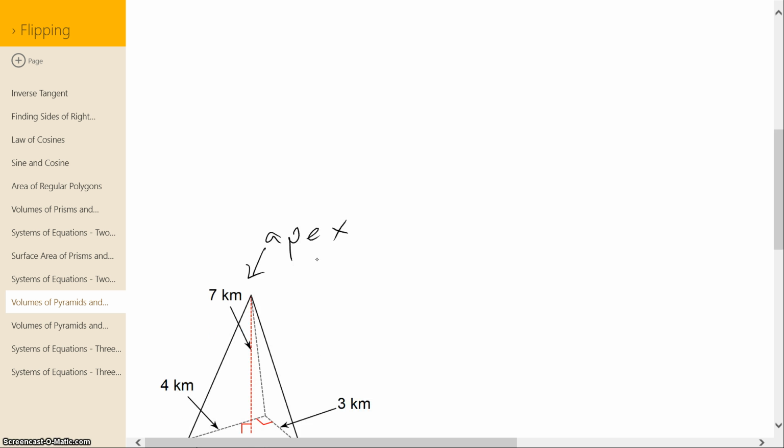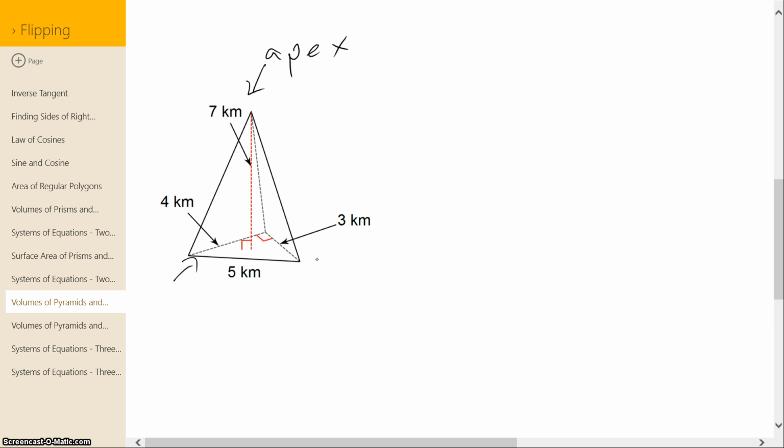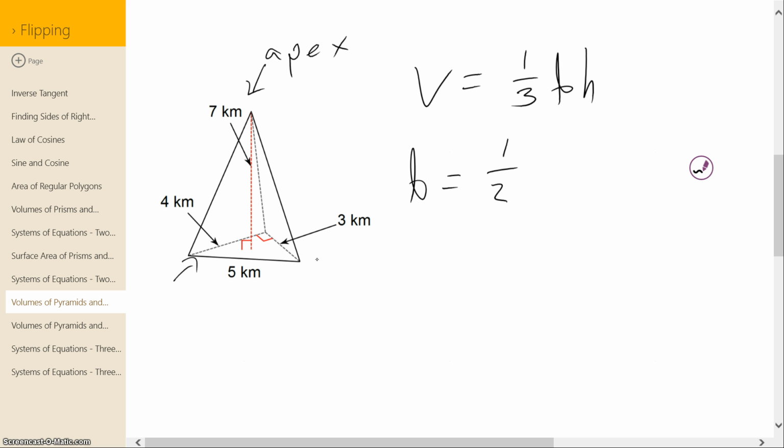Let's look at another one, okay? So, again, find the base. The base is where we start from. And we'll notice that this base is a triangle. So we're just going to use the area for a triangle, which is 1/2 base times height, just the base right down here.